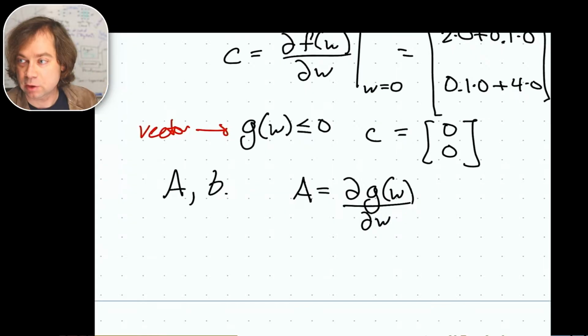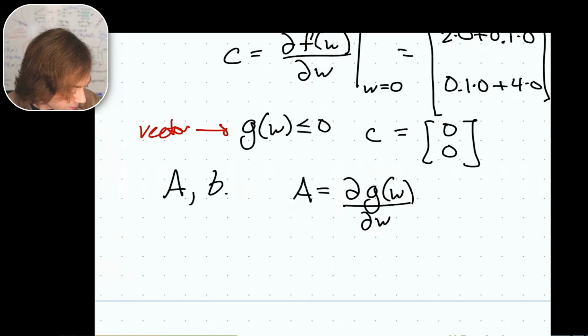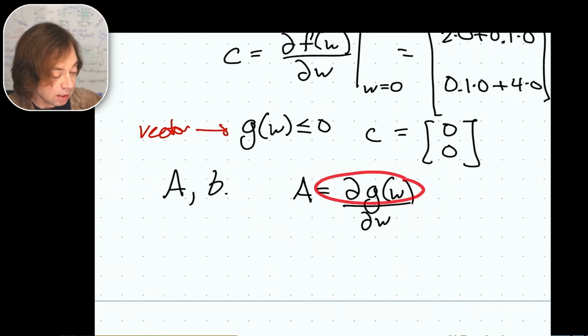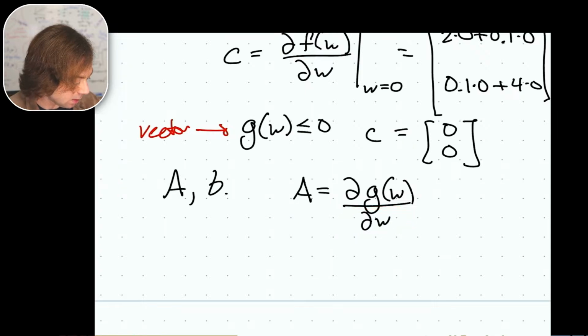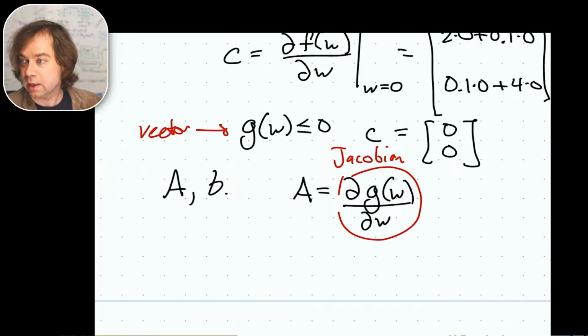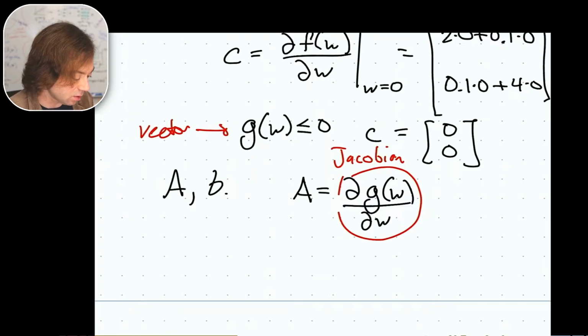I've been known to make mistakes. So you got that? Because G can be a vector valued function and W can be a vector, this means that this can be a Jacobian. This is a Jacobian. Again, just another way of pairing together partial derivatives. That's all.